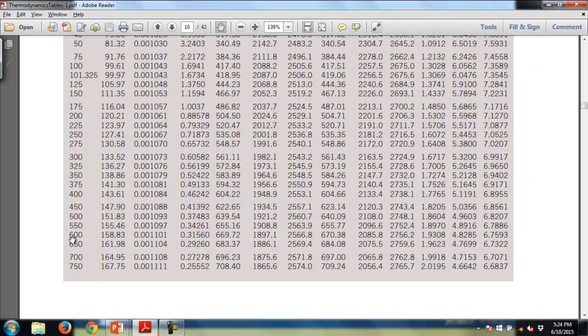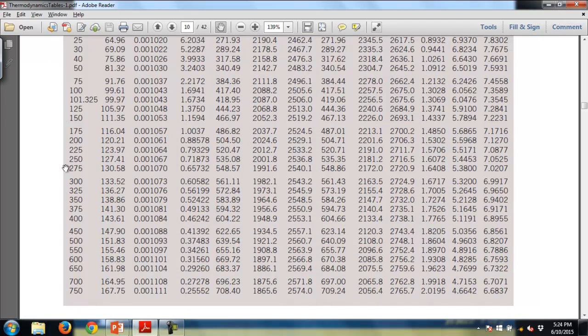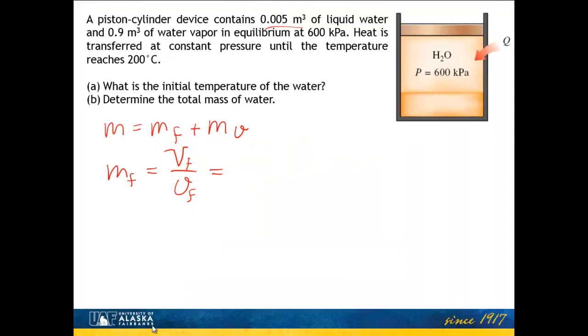And so here's my 600 kilopascal line. If I look up here, v sub f is the third column down. So v sub f is 0.001101. So a pretty small value. We can go ahead and go back and put in our 0.005 cubic meters, divide that by the specific volume of 0.001101.